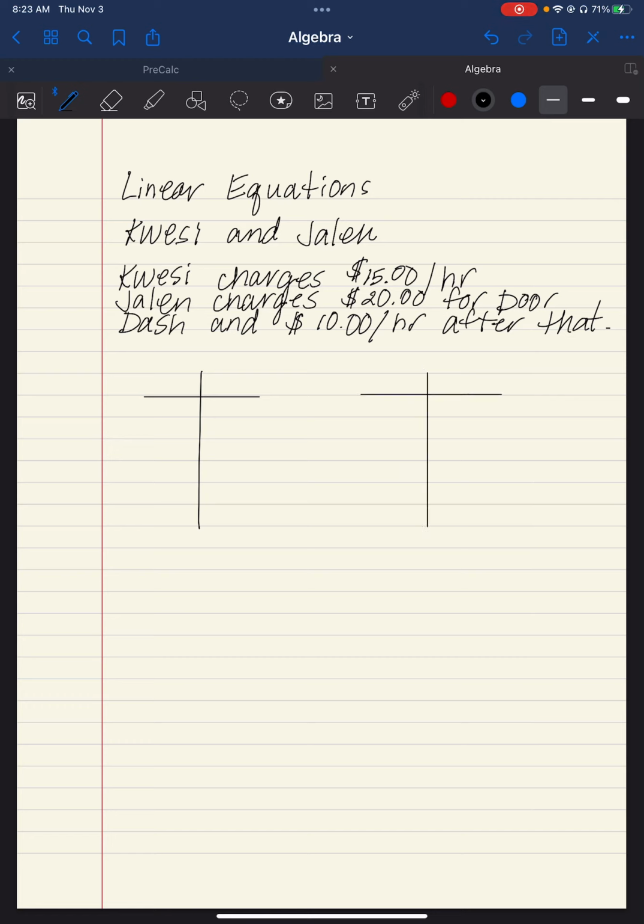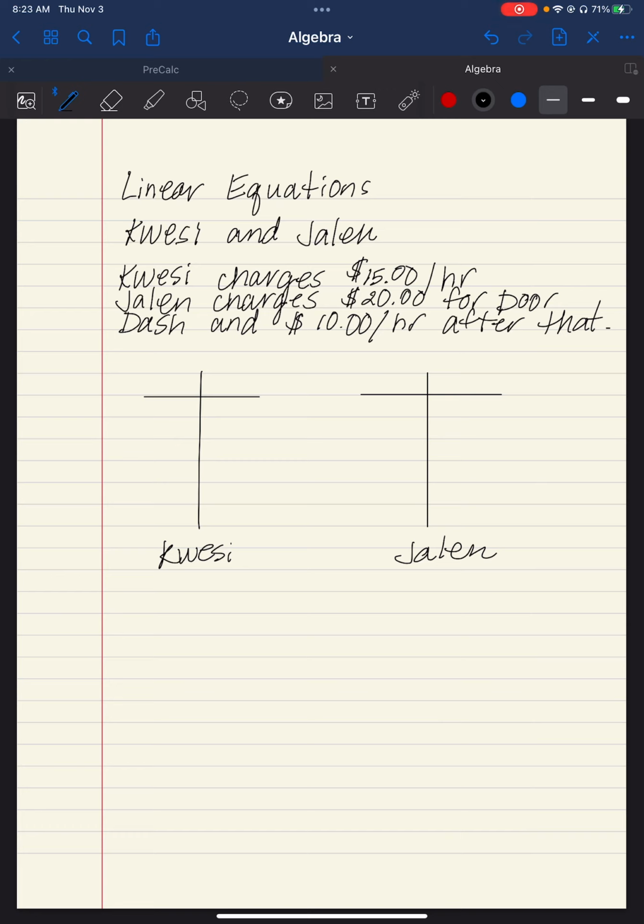So we're going to make two tables, and we're going to measure for each person. This will be Kwesi, and this will be Jalen. We're going to measure what's happening with their money as time moves forward.